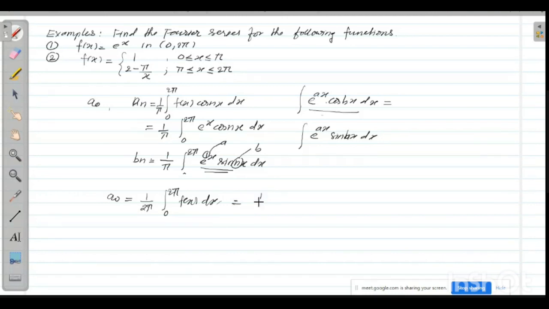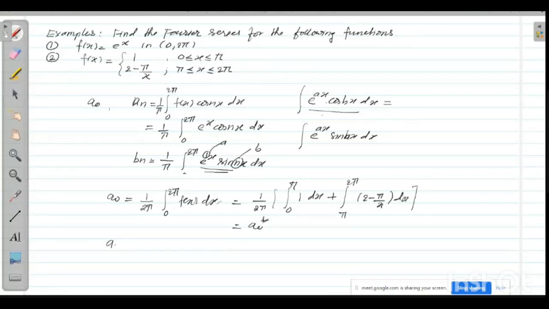This can be written as 1 upon 2 pi, in brackets, integral from 0 to pi of 1 dx, plus integral from pi to 2 pi of 2 minus pi by x dx, since your first function runs from 0 to pi and the second from pi to 2 pi. Just integrate this and you will get the value of a naught.